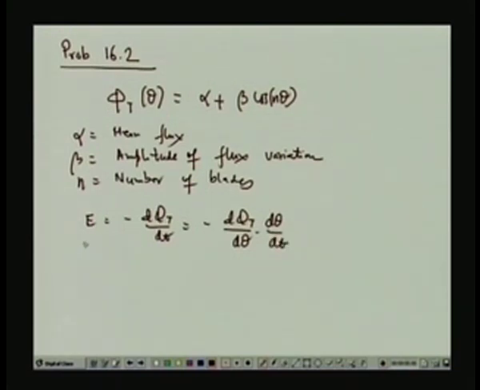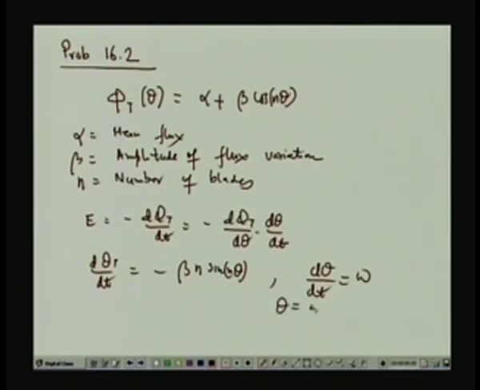So it will give you, now d phi by d theta is equal to minus beta n sin(n theta), and d theta by dt is equal to omega, which is the angular velocity. So theta equals omega t, assuming that theta equals 0 at t equals 0.